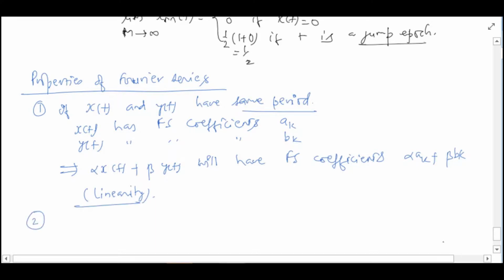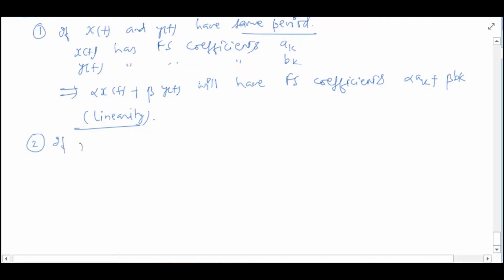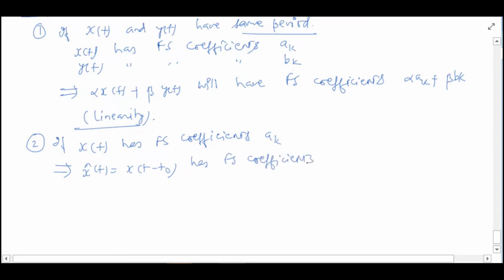Let's look at the next property. If x(t) has Fourier series coefficients a_k, then the time shifted version of x(t), that is x hat(t) equals x(t minus t naught), has Fourier series coefficients a_k e raised to minus j k omega naught t naught.